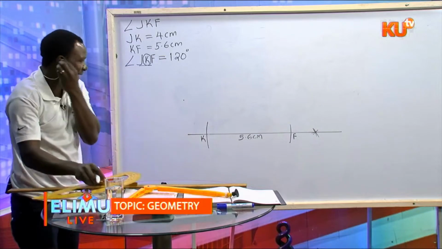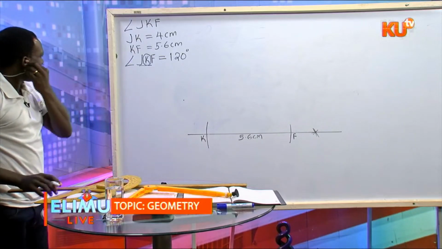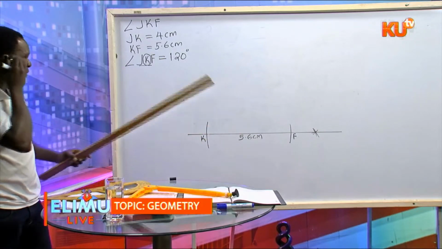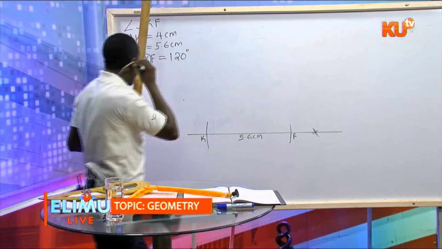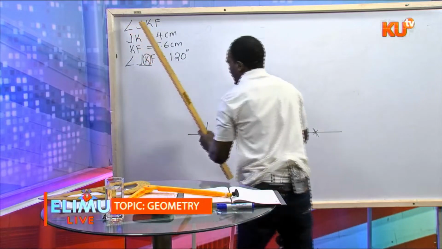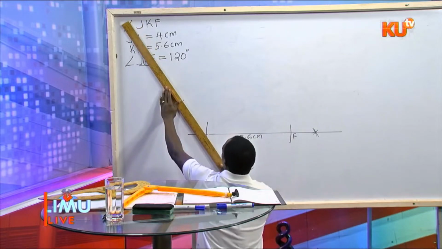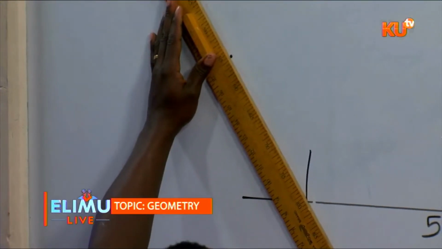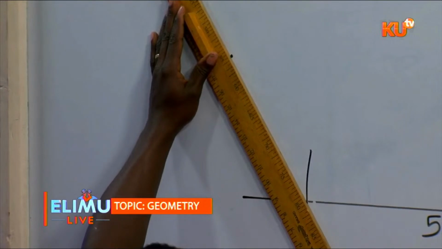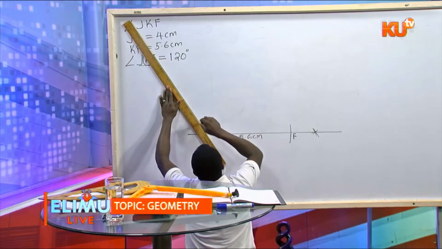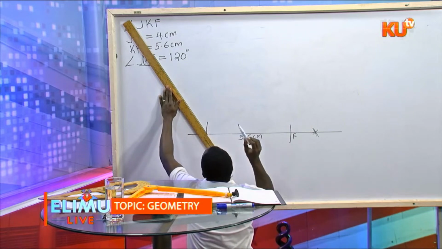After putting the mark, take your ruler, the straight ruler, and then come to K, straight, without shaking. Draw a straight line. A long one, don't care where it will go, just draw a long line.